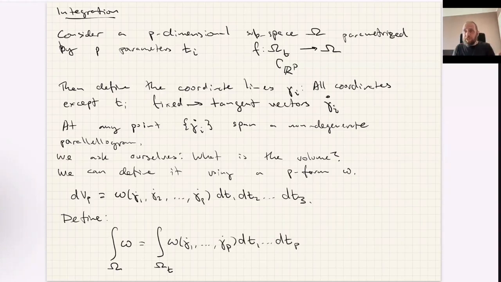So this is the definition of the integral of a P form. You can integrate a P form over a P-dimensional subspace. For example, to integrate over a volume, you need a volume form, which has the same dimension as the space itself. If you want to integrate over a two-dimensional surface, then you need to integrate the two form.